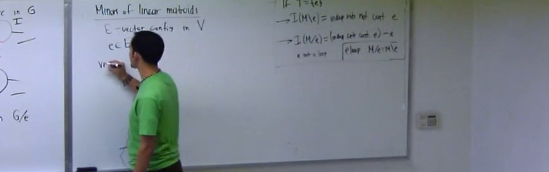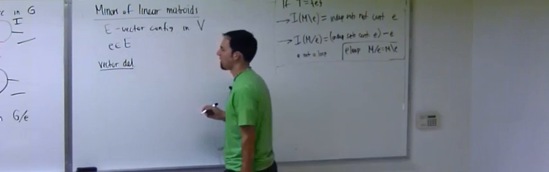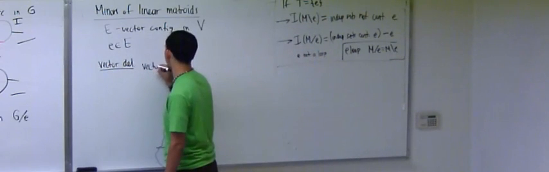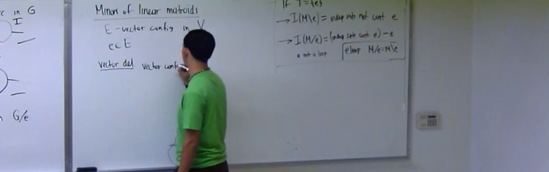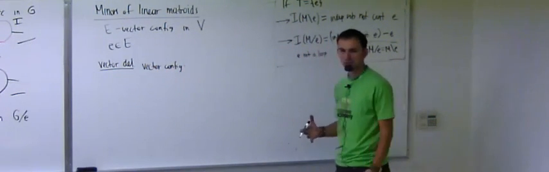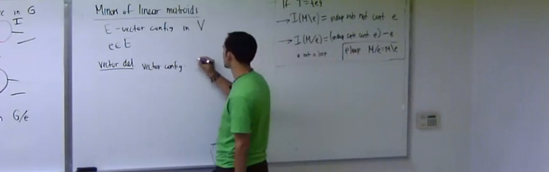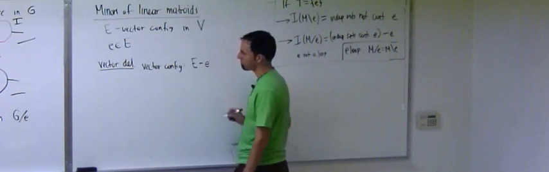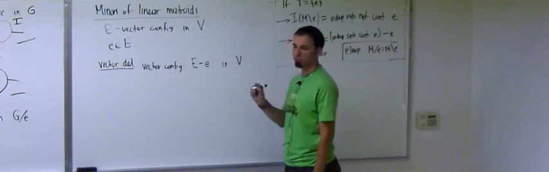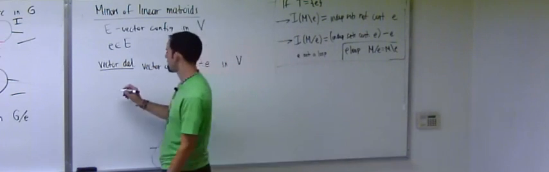So vector deletion, I need to produce a configuration of vectors for you. And the only natural thing to do is to take your collection of vectors and delete the one you care about. E minus E. This is the vector configuration in the same vector space. So deletion is easy enough.